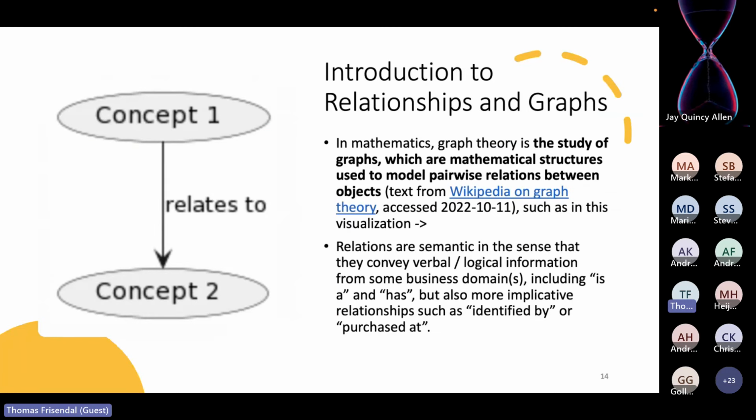So to summarize graphs, for those of you who are not familiar, graph theory is the study of graphs, which model pairwise relations between objects. Look to the left, it's simple, right? It becomes semantic because of the subject, predicate, object construct, meaning that there are semantics in the relationships.